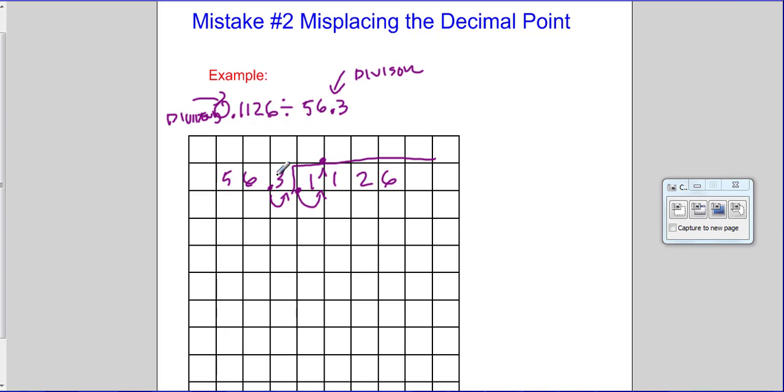Now, once I move the decimal point, I just treat this as 563 into 1,126. You can ignore the decimal points because it's already here. So 563 goes into 1 0 times, 563 goes into 11 0 times, 563 goes into 112 0 times, and 563 goes into 1126 exactly twice, because 563 times 2 is 1126.